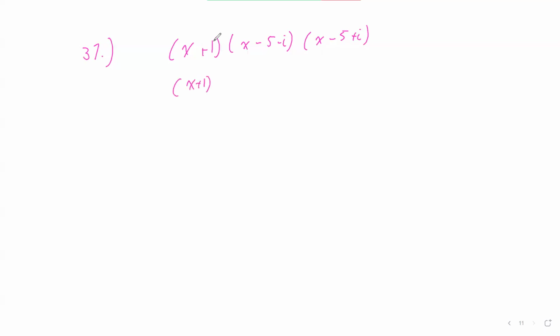So all I did was turn the zeros into factors. And then this was the conjugate of this one. So if this is it, this one has to be it as well. So that gives you x squared minus 5x plus ix. And then negative 5x plus 25 minus 5i. And then negative ix positive 5i and negative i squared. So all I did was distribute.